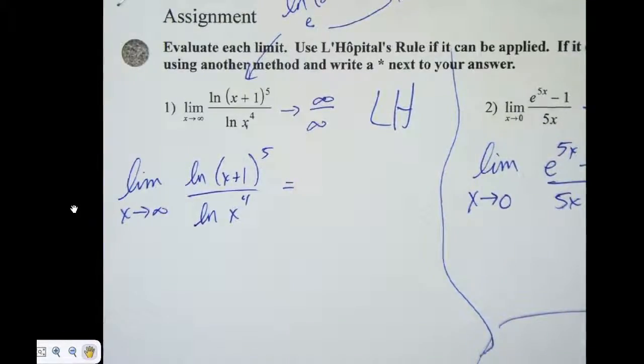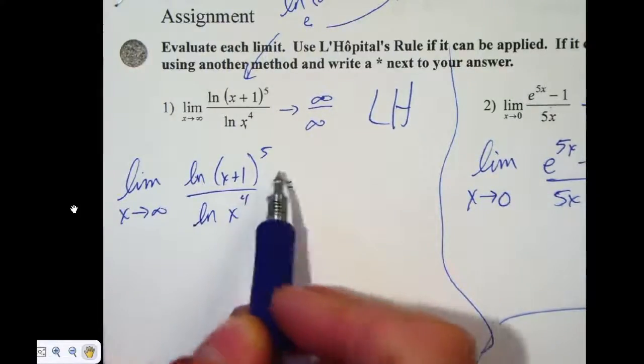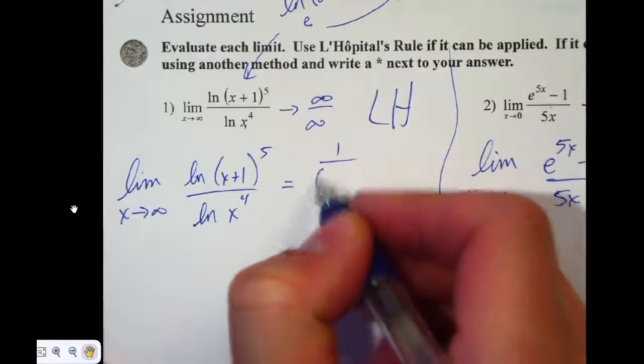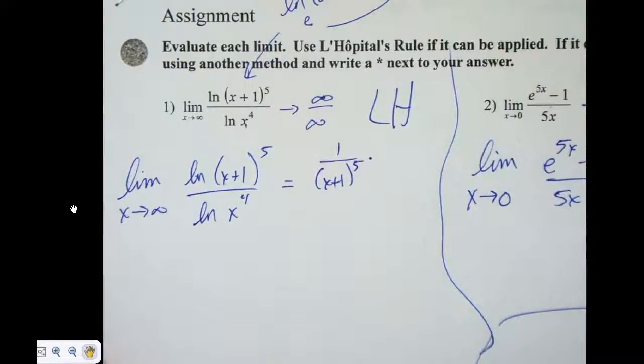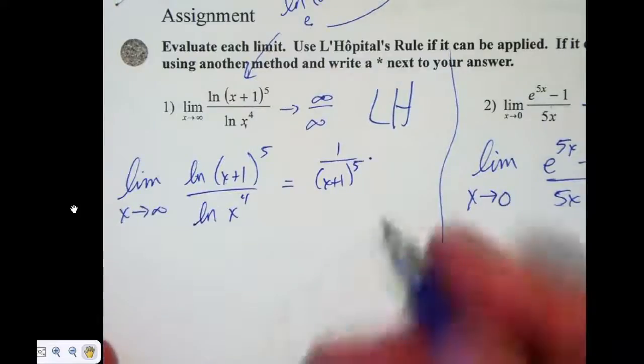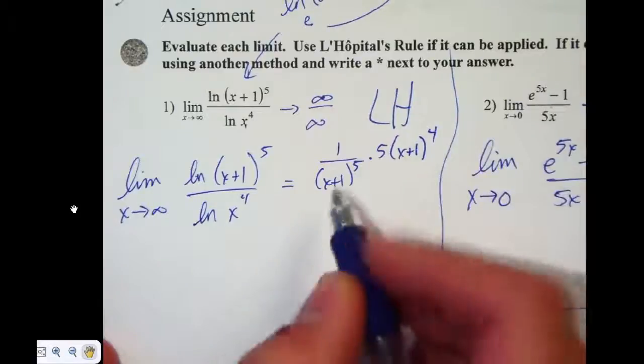Now, you got to remember the derivatives, like ln. So what's the derivative of ln of blah? It's 1 over blah times the derivative of blah. Right? The chain rule. So the derivative of ln of x plus 1 to the 5th is 1 over x plus 1 to the 5th times the derivative of x plus 1 to the 5th, which is 5 times x plus 1 to the 4th.